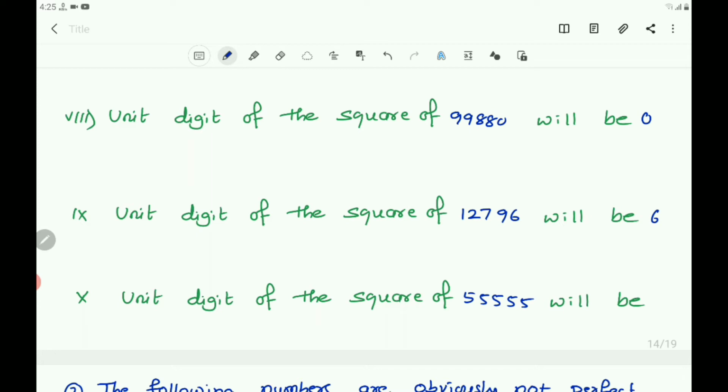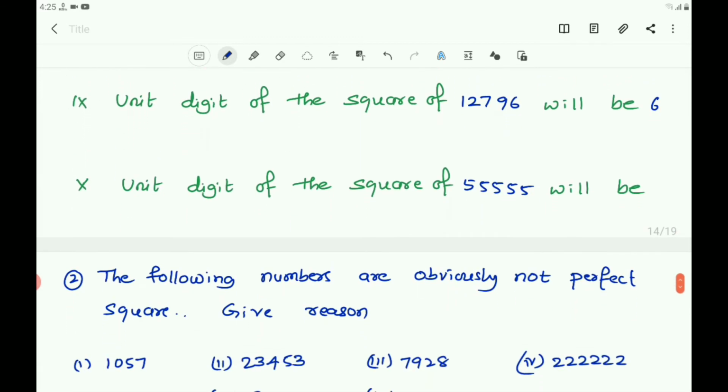If the unit digit is 6, its square also has the unit digit 6. The 10th one, the unit digit of the square of 55,555. Here the unit digit is 5. Its square also has the unit digit 5. The unit digit of the square of 55,555 will be 5 only.